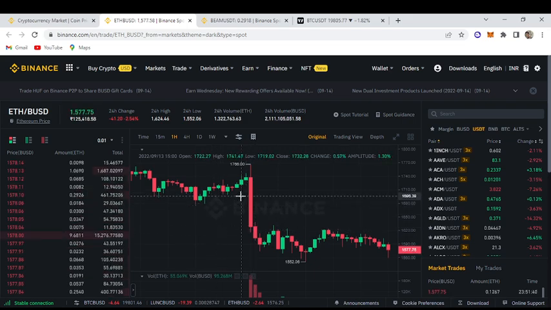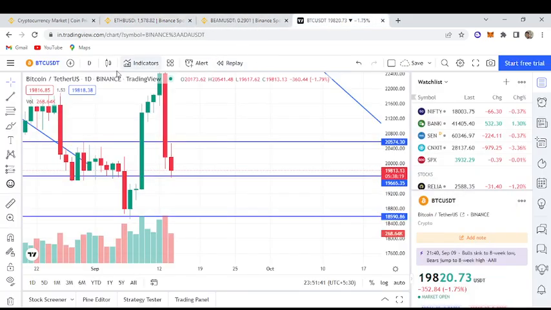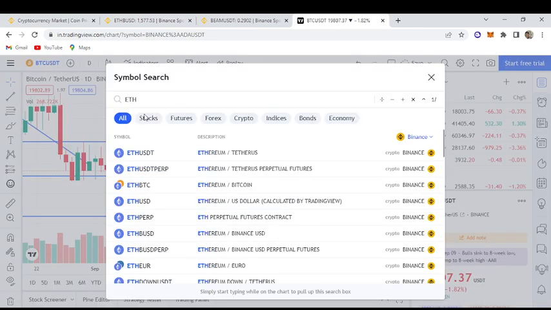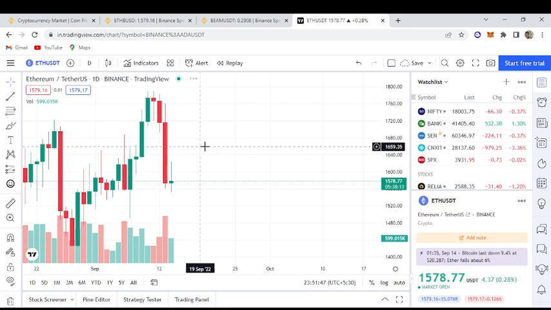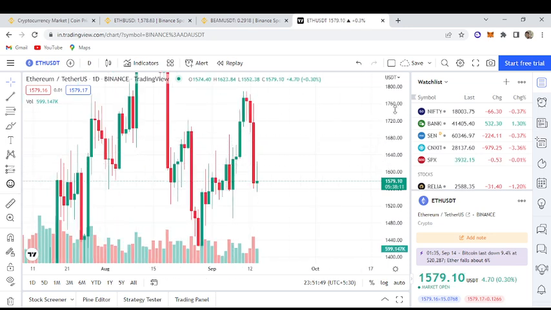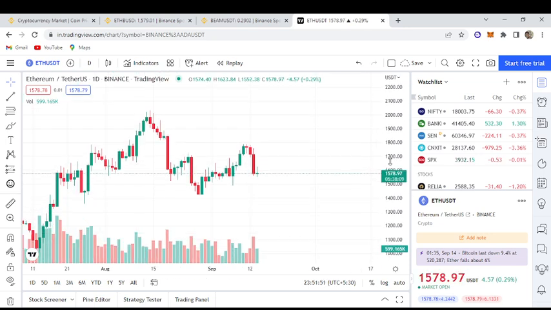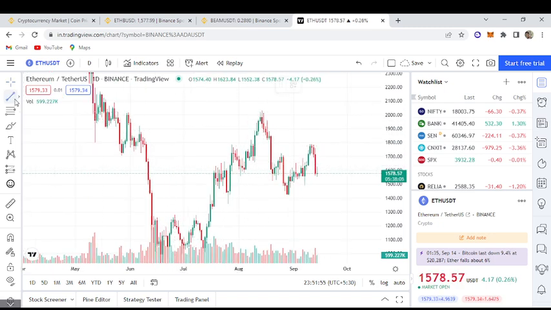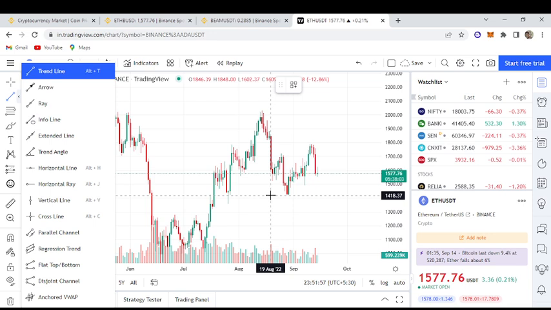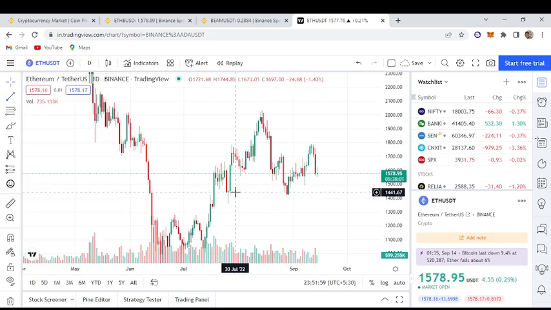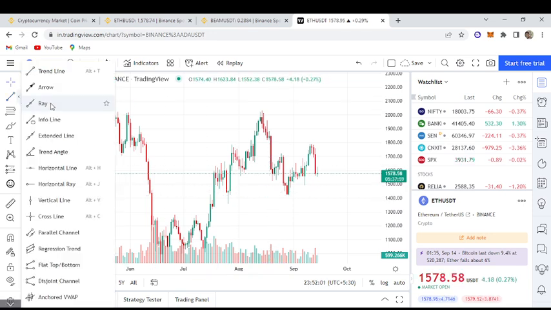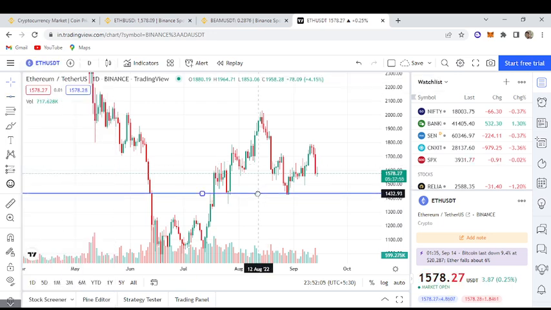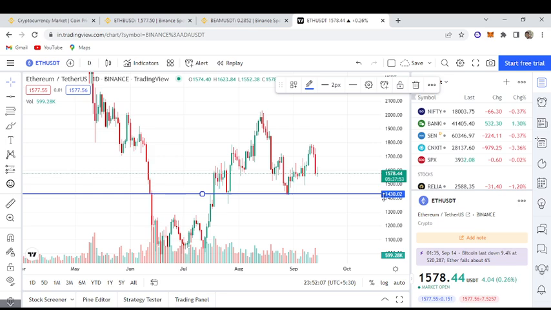Of course Ethereum is a very good coin for the future. For the long term, Ethereum is a very good coin to invest in. Currently the Ethereum support level is around this position, which is 1430.